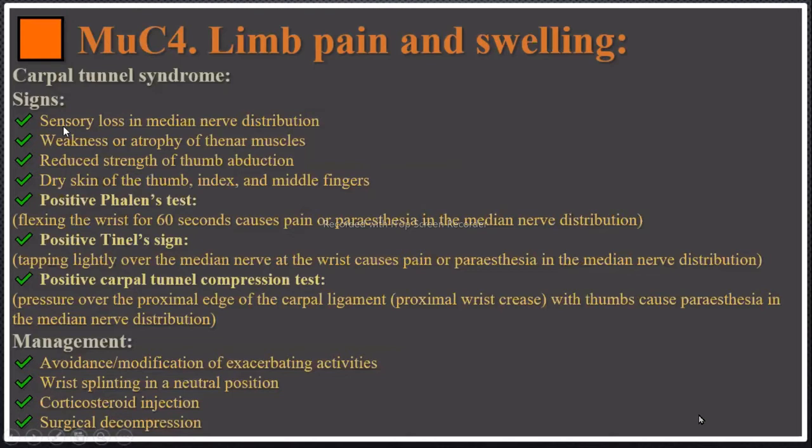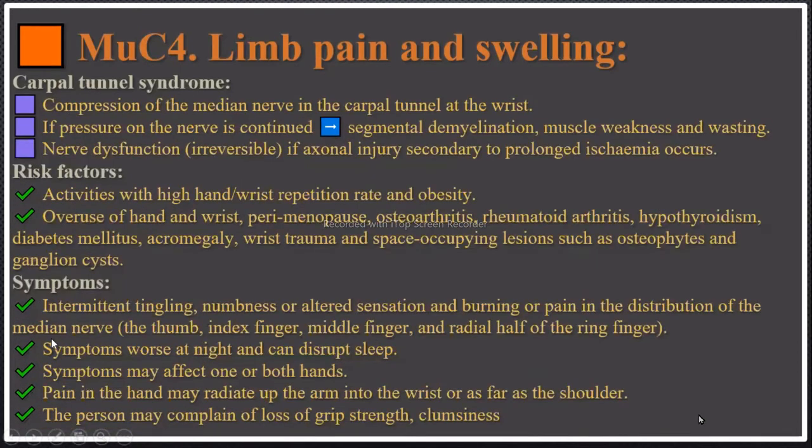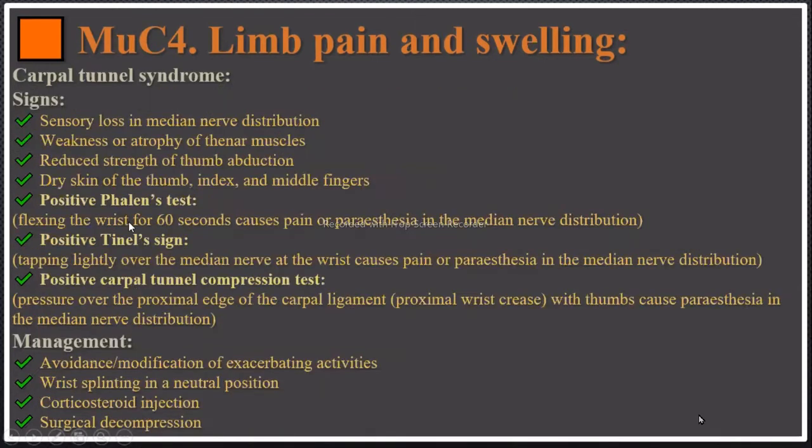Signs. Symptoms will be mentioned in the scenario from the patient. Here, signs are what you find when you examine the patient. So sensory loss in the median nerve distribution, weakness or atrophy of thenar muscles, reduced strength of thumb abduction, dry skin of thumb, index, and middle fingers, and also positive Phalen test, positive Tinel sign, positive carpal tunnel compression test.